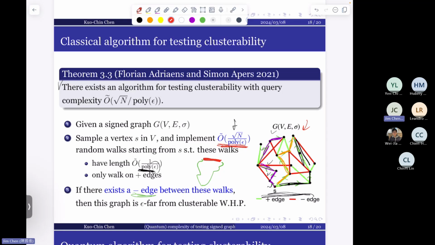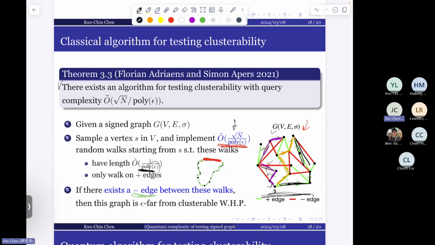Why is that? Since there are multiple vertices connected by positive edges, they are in the same component by the definition of clusterability.